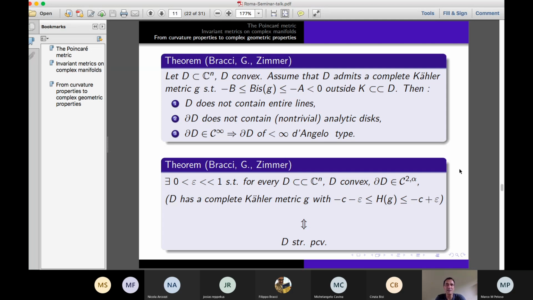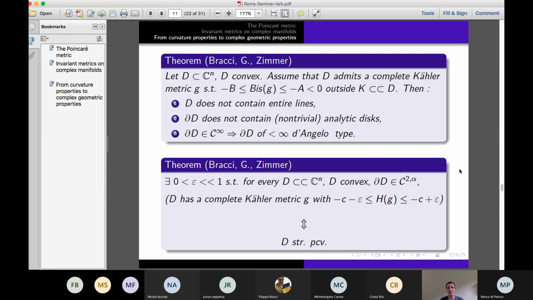And there is another theorem that is quite interesting, but I won't give the proof of it, or even a hint of the proof. If you still assume that the domain is convex, bounded, and has some regularity, C2 alpha, so a little more than C2, and you assume that the holomorphic sectional curvature is pinched very close to being constant near the boundary, this is equivalent to being strictly pseudoconvex.